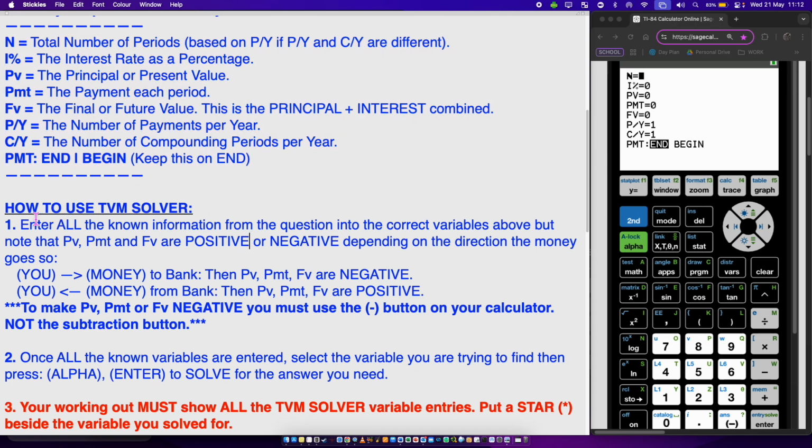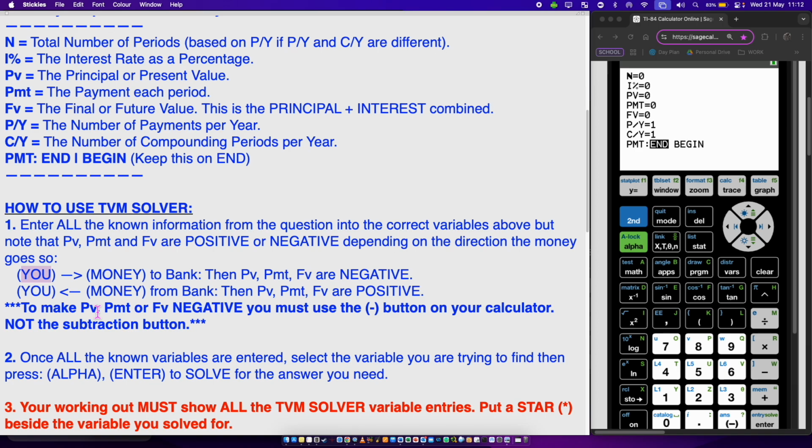Okay? So you put the known info into the correct variables, but please note PV, PMT, and FV are going to be positive or negative depending on the direction the money goes. So if I was writing this, I'd literally draw a stick figure of you. But if the money is leaving you, if you're putting it in the bank, then PV, PMT, FV have to be negative.